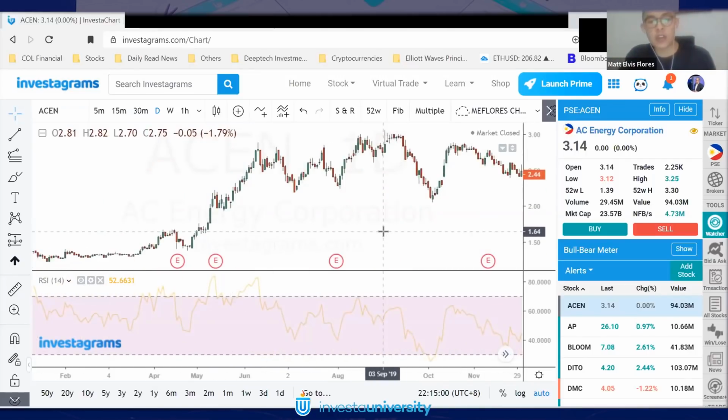Yung ginagawa namin sa Open Journal, once we saw na meron ng bearish divergences, nakabili ka, meaning kailangan nakatingin ka na. Mentally prepared ka na. Mental preparation is a key sa trading natin, di ba?